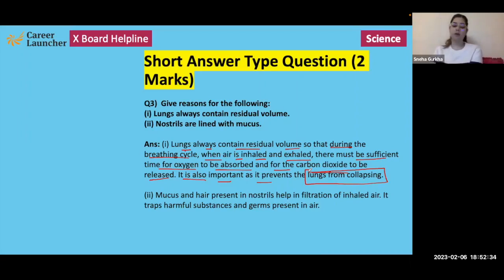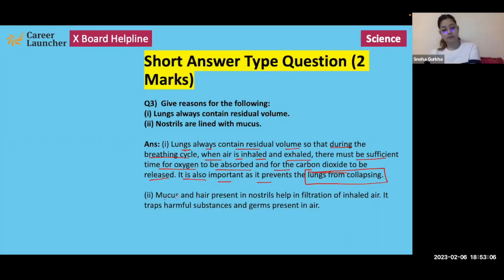The second part of the question is, give reason for the following: nostrils are lined with mucus. So basically, mucus helps in trapping any foreign particle, any dust particle that were to enter with the air that we are inhaling, so that they do not enter into our respiratory tract along with the air that we inhale.